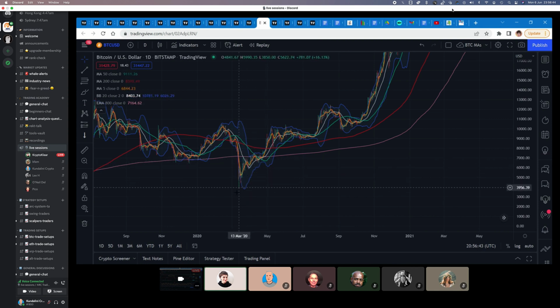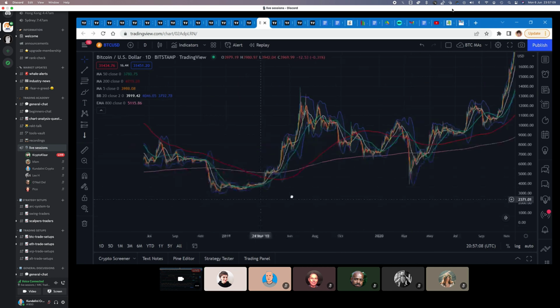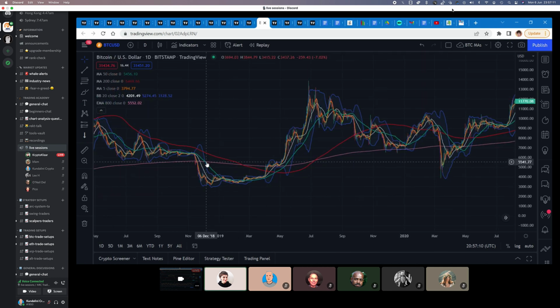And this was a lift up without a double bottom. So the 50 came down, but it wasn't a death cross. It actually came down to offer support for the price action to be lifted up from the previous drop. So it didn't do another double bottom here. Here, the previous case, it did do a double bottom.